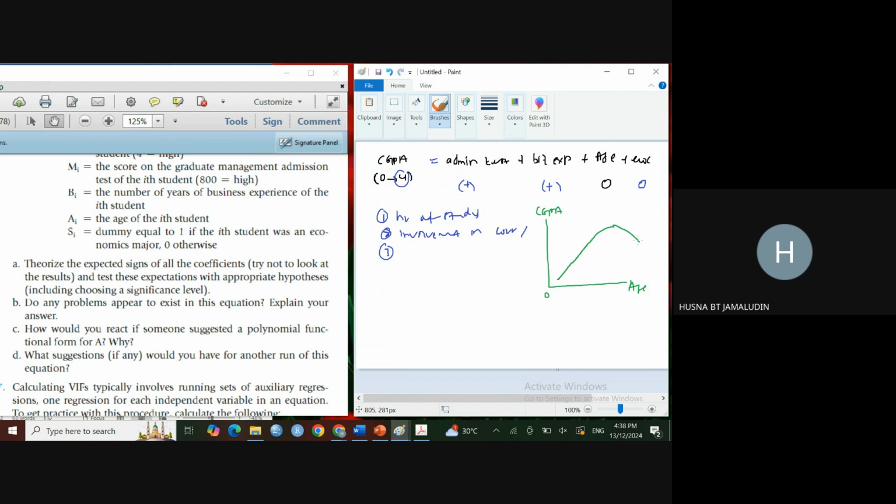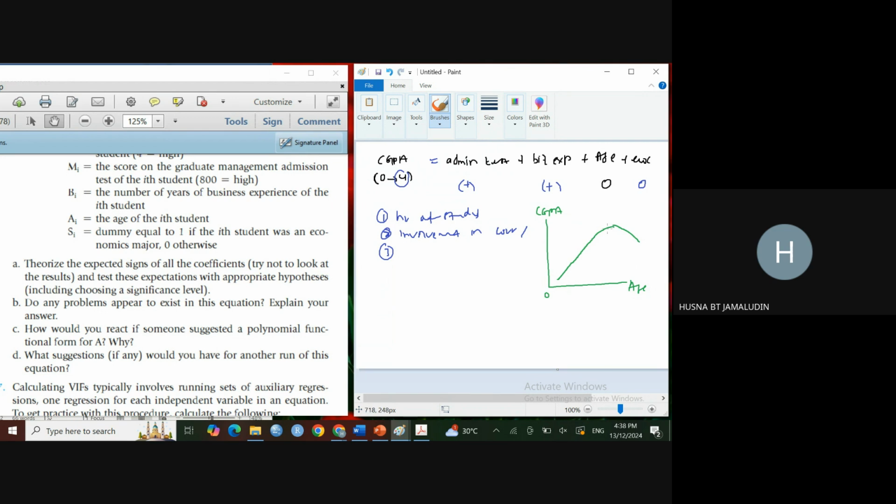How would you react? Should we actually consider this? Will you agree with this? Why or why not? Do you think that when you are older, the more matured you are, the higher your CGPA will be?